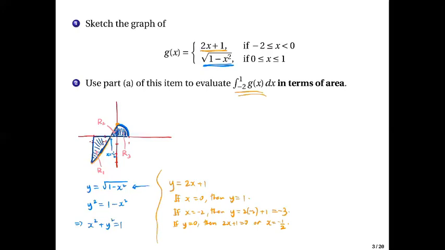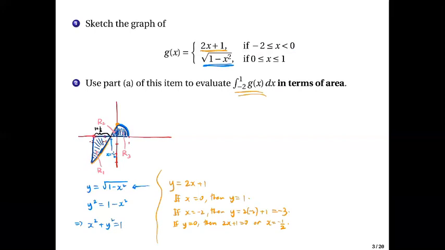Therefore, the length of the base in here is 1 unit plus 1/2 unit. This point is at x equals negative 1/2, and this is negative 1, so this length here is just 1/2.